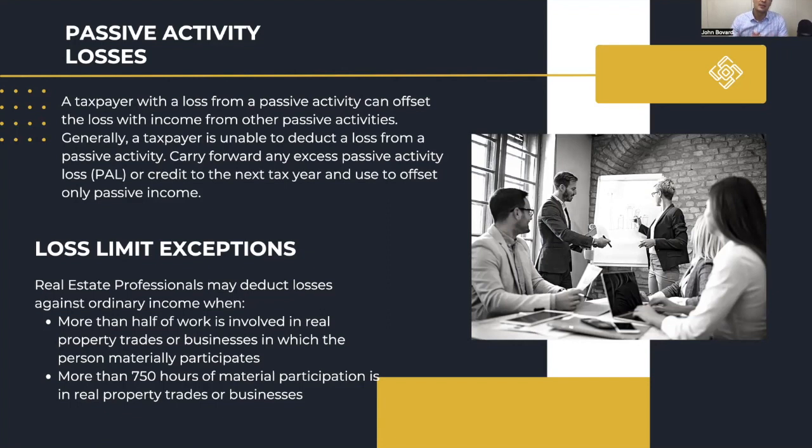So something to be aware of if you're in the business, or mainly if you own real estate, whether it be commercial real estate, residential real estate, and you're working in that business, if you can meet that number of 750 hours, you could potentially deduct up to $25,000 of your passive losses off of your ordinary income.